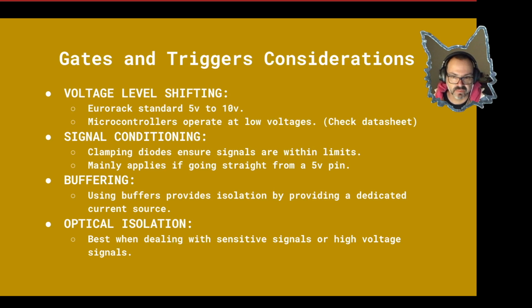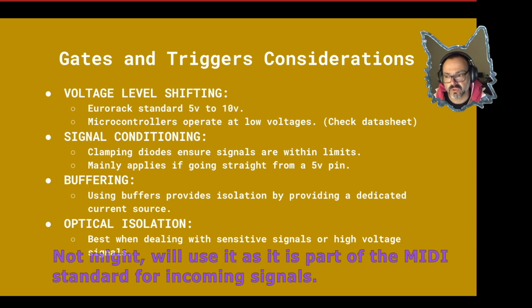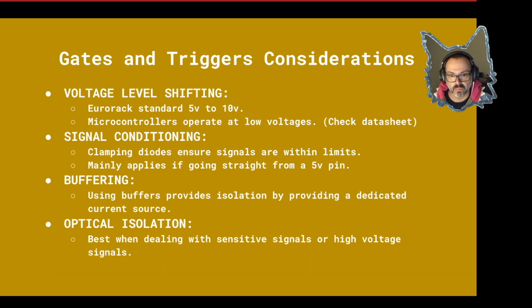But for this situation, we don't really need it. We might use it when we start talking about MIDI. And so, we'll talk about optical isolation there. But all we're really talking about here with buffering, it's not really isolation. Maybe that's the wrong word. It's more a way to decouple both circuits.